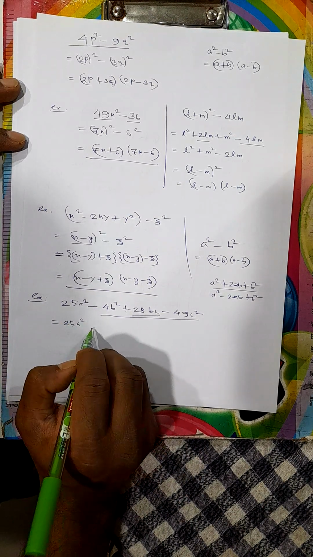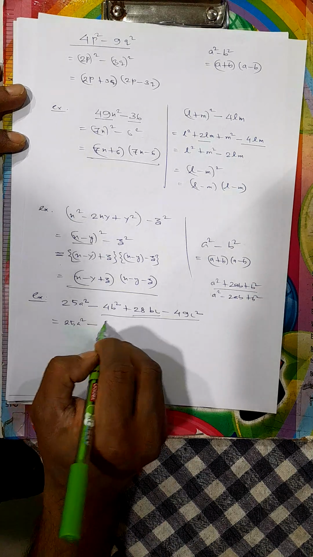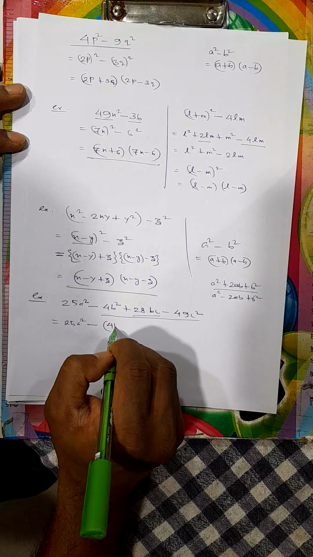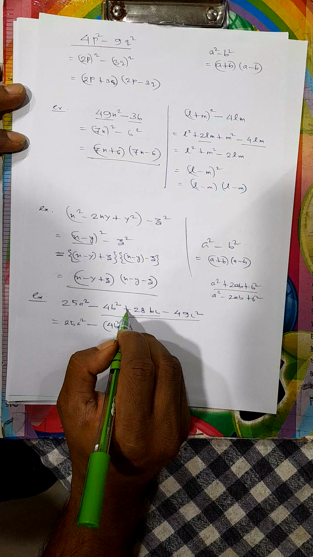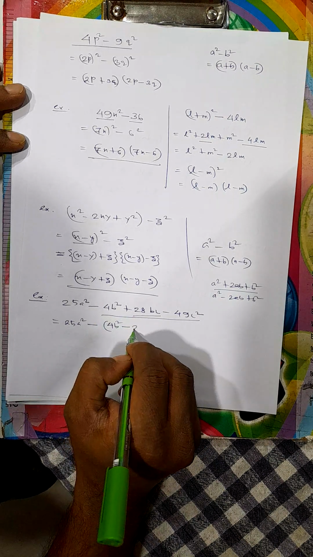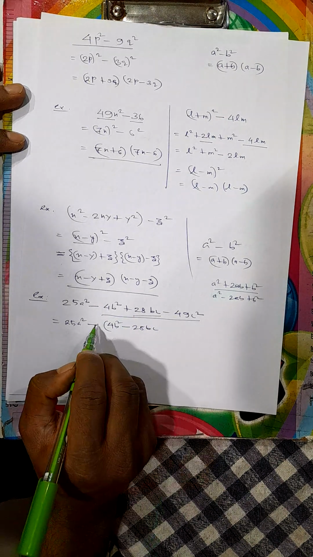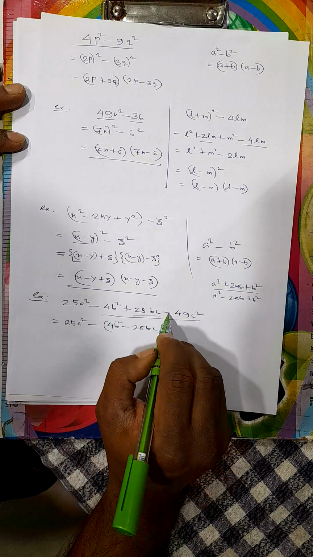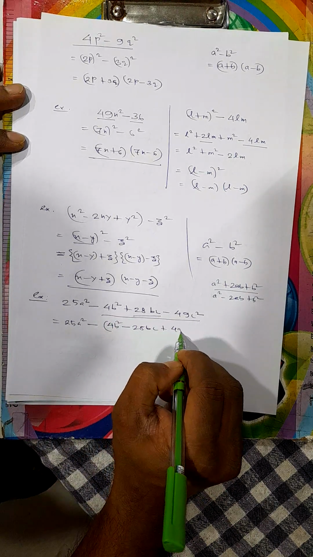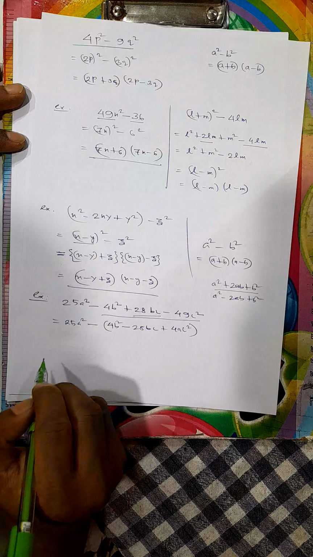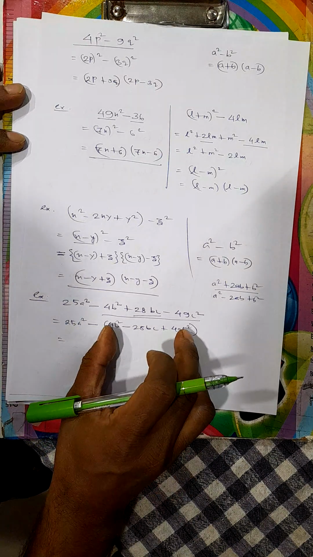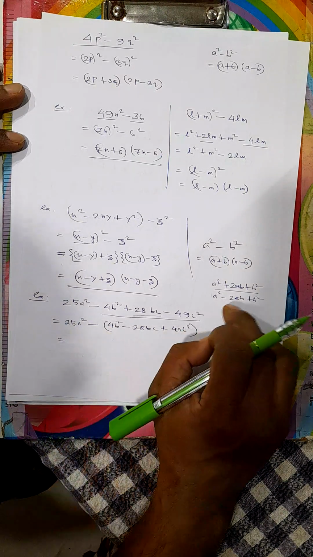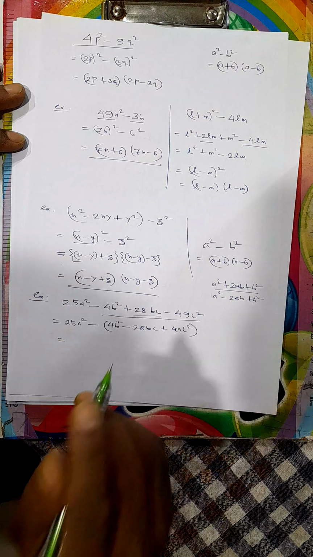25a square, and now if you put them inside a bracket, this will become 4b square. This plus will become negative, minus 28bc, minus minus becomes plus, and negative becomes positive, 49c square. Now you can treat this trinomial and compare this with a square minus twice ab plus b square.